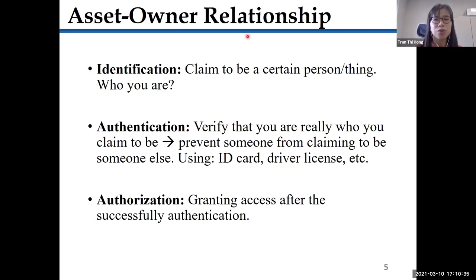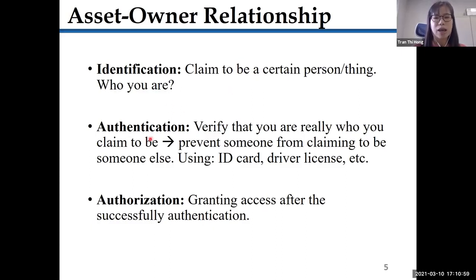To describe the owner relationship, we go in three steps: identification, authentication, and authorization. How does it show in our physical life? Identification means claiming to be a certain person or certain thing, who you are.